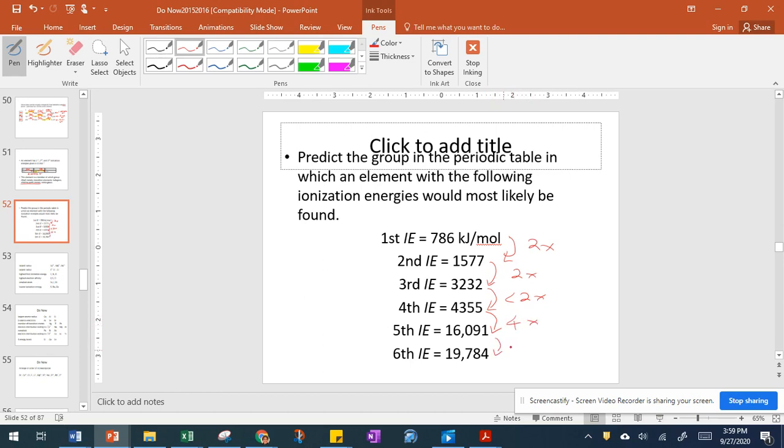The fifth jump is less than 2 times. Okay, so the largest jump here is this fourth jump. This means that this will be our last valence electron. This would have to be a member of group 14 because that's 4 valence electrons.